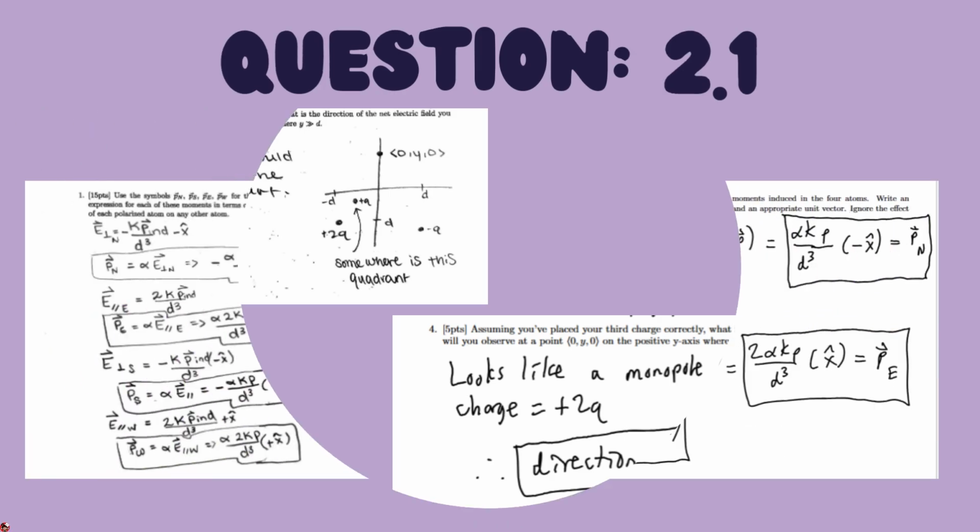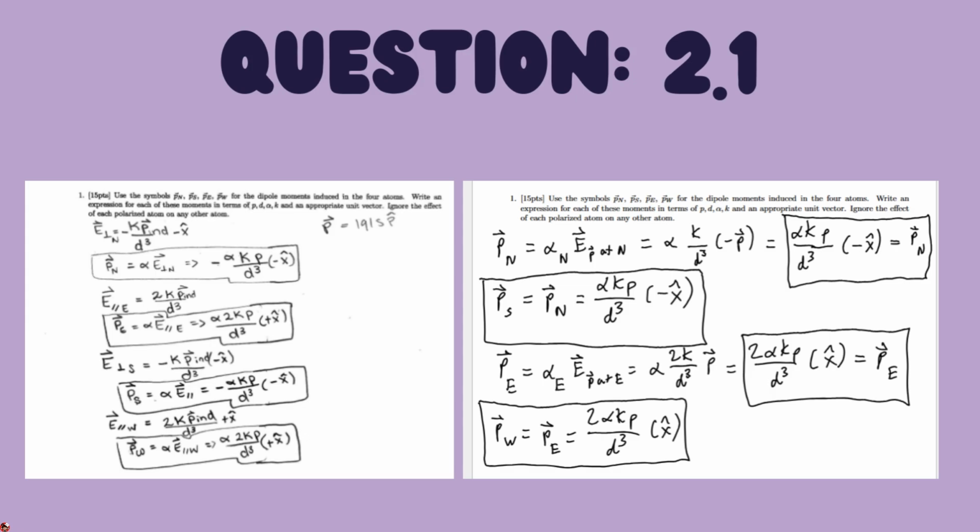So that's all. Okay, question 2.1 says, use the symbols Pn, Ps, Pe, Pw for the dipole moments induced in the four atoms. Write an expression for each of these moments in terms of P, D, alpha, K in an appropriate unit vector. Ignore the effects of each polarized atom on any other atom.